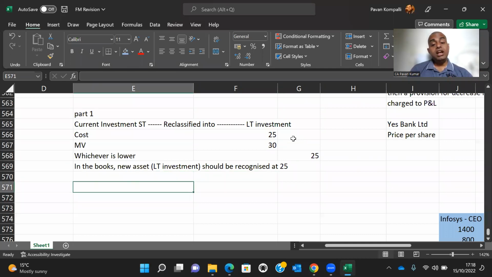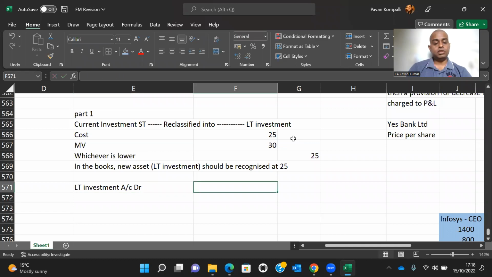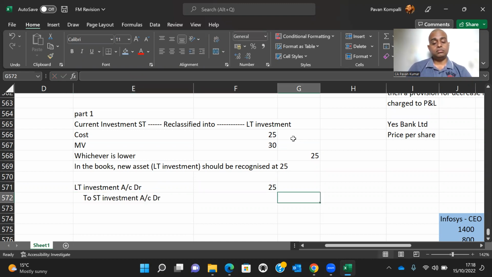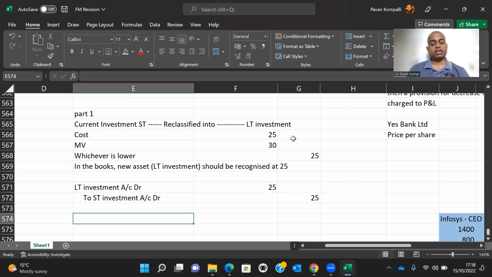What is the journal entry you will pass? Look here carefully. Long-term investment account debit 25 to short-term investment 25. No profit, no loss.